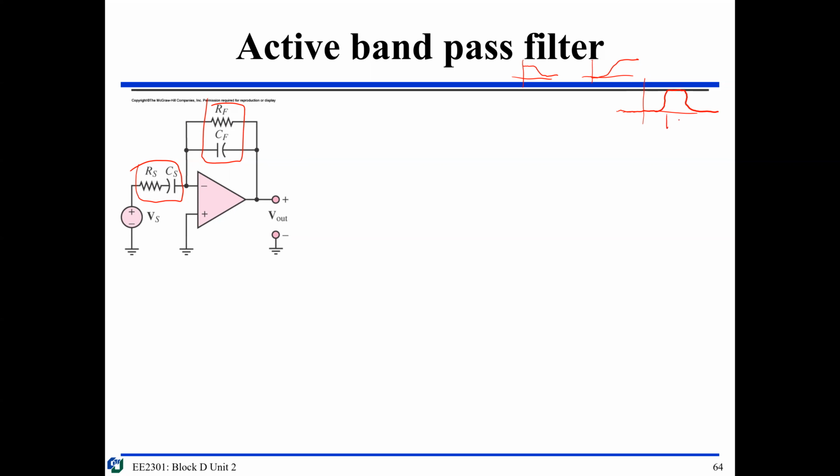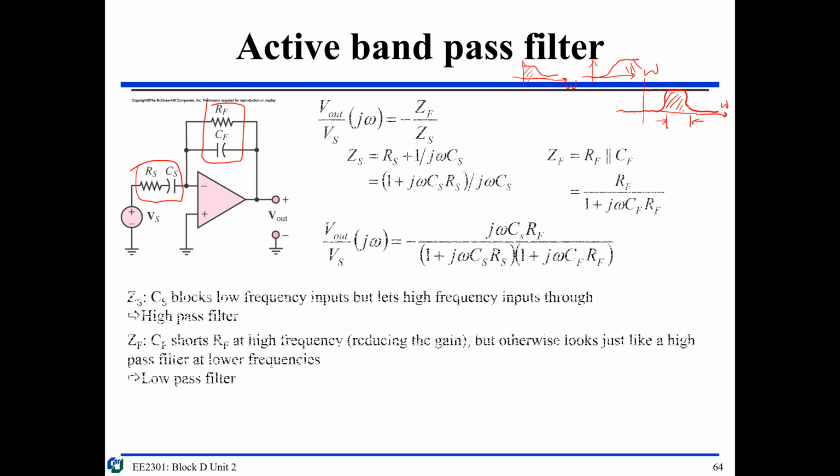So only inside an interval of omega. This is omega, and this is the magnitude. So I want the magnitude to be not zero in a certain interval. So this is called a band pass. This is low pass, this is high pass, this is band pass.